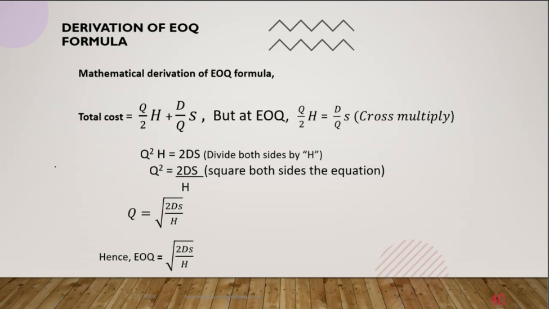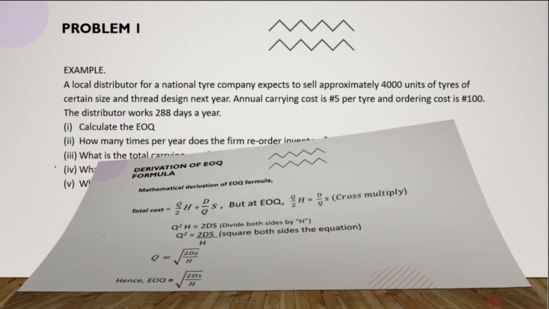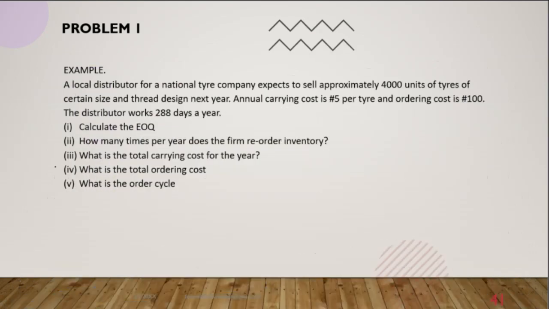So it is called a super model. Let us look at an example where we explain all the conditions about economic order quantity.